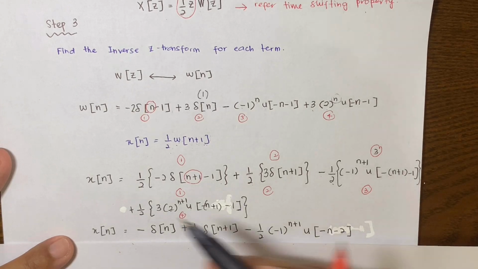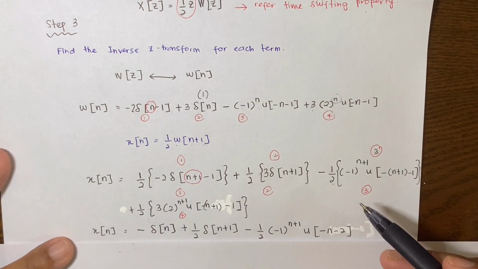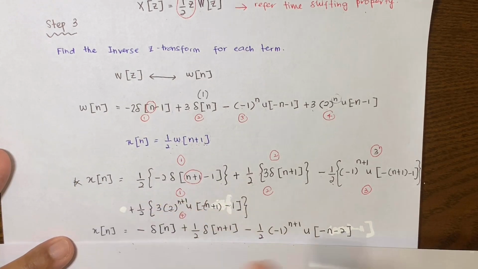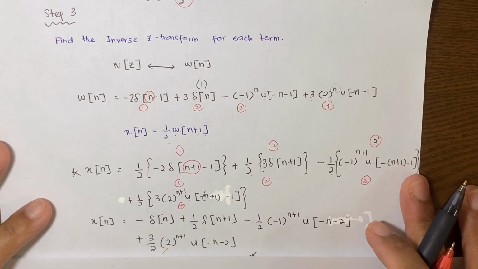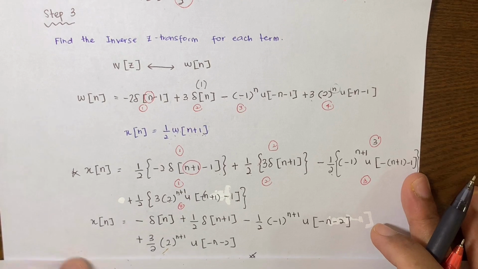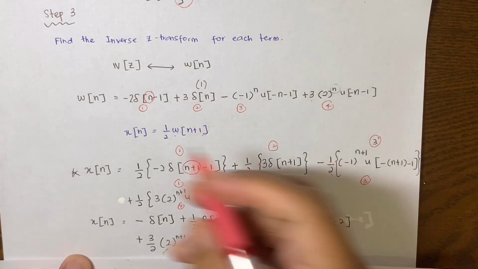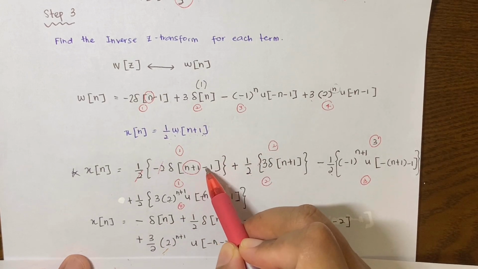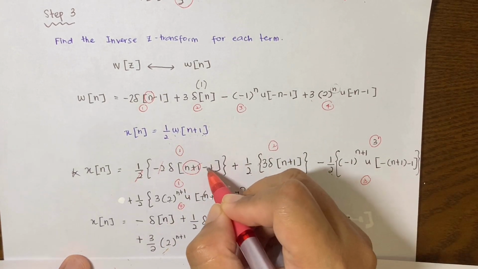Okay, so after I rearrange the equation here, I will get the answer like this. You can cancel it out. You will get negative delta n, negative impulse n, because plus 1 minus 1 you can cancel it.